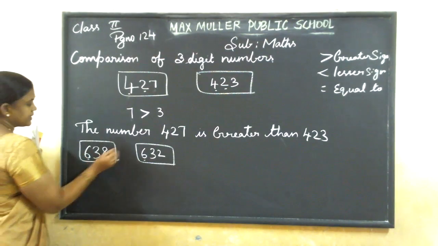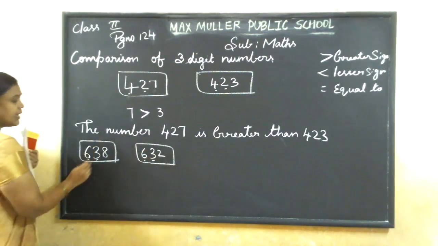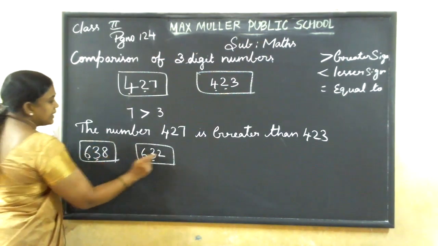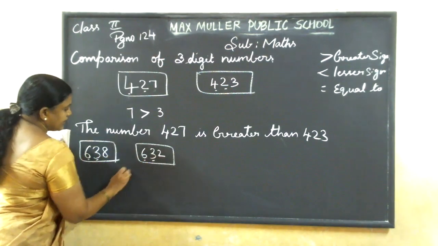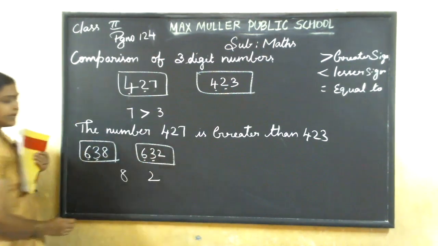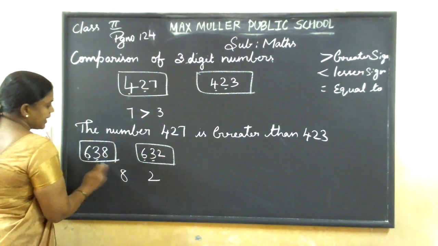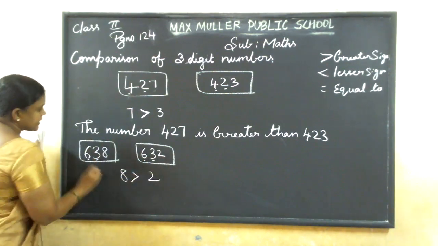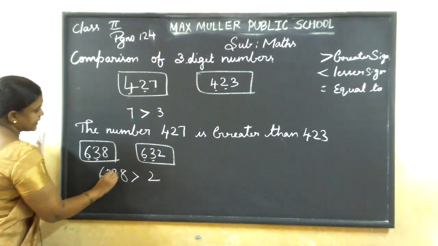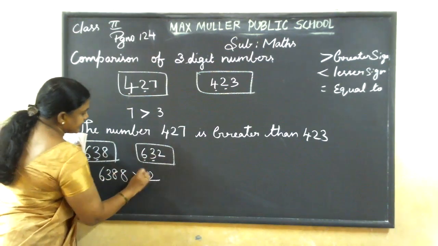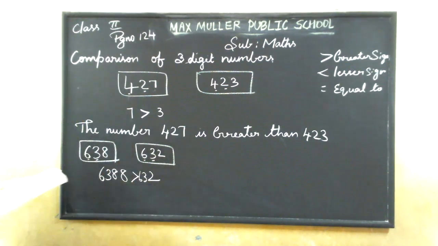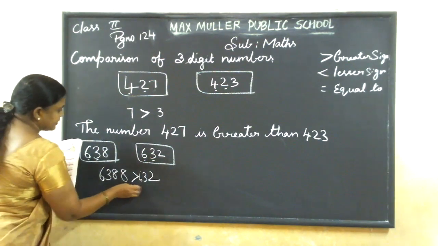In the tens place here 3, here also 3. In the ones place 8 here, 2 here. 8 and 2, which one is greater here? See, 8 is greater. So 638 is greater than 632. We'll put the greater sign here.